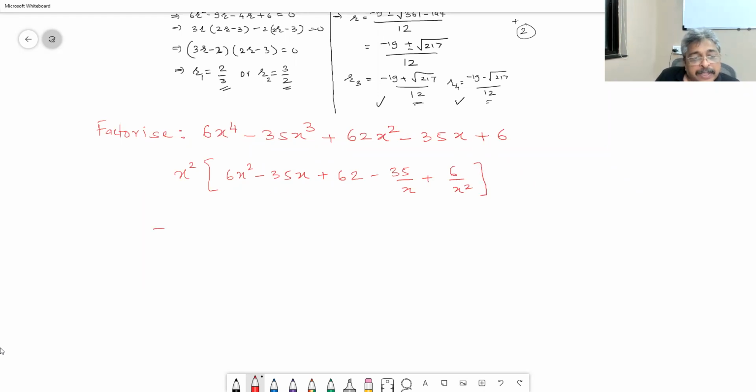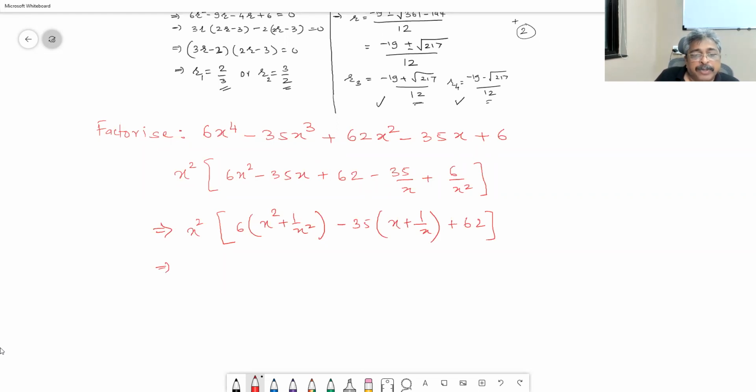Then take those like terms together. x square continues to be outside, 6 inside bracket, x square plus 1 upon x square minus 35 into x plus 1 upon x. What you are left with is plus 62.